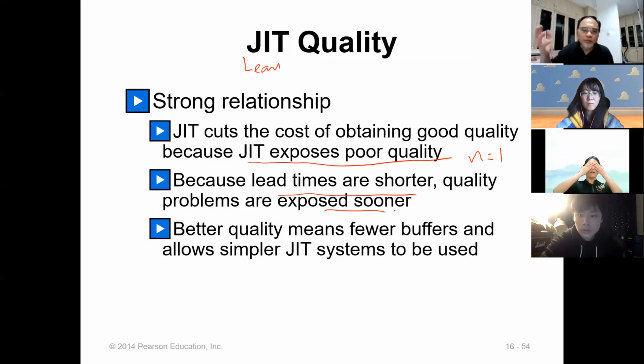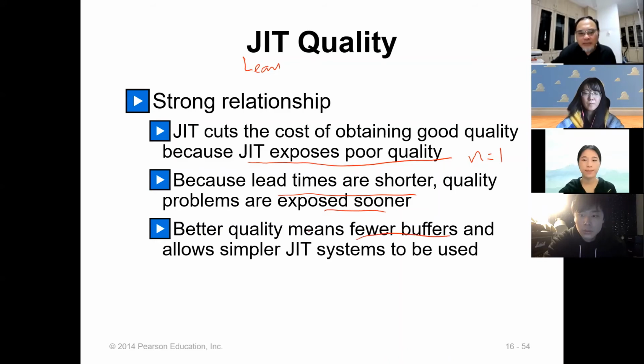That's what we want in any environment. We want to detect problems as fast as possible so that we can solve them. We don't hide problems. In any operations, in any production, you need to find out problems as soon as possible. Better quality means fewer buffers.